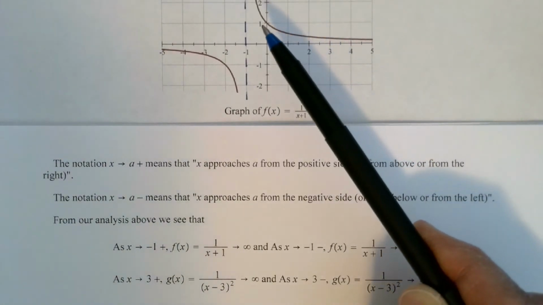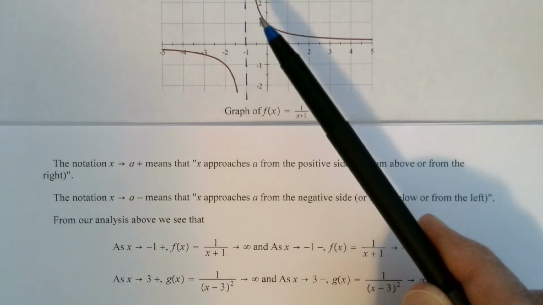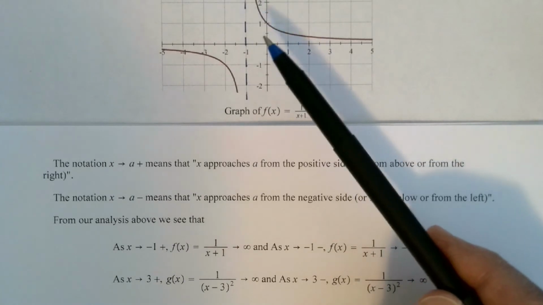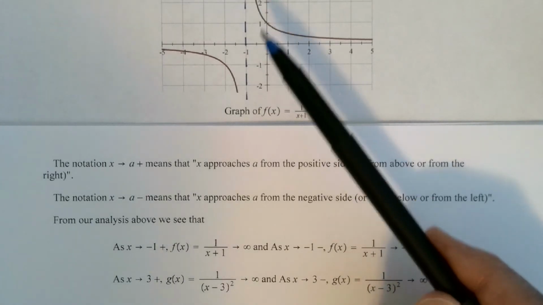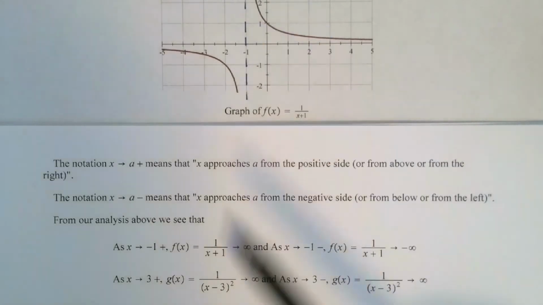The values were getting bigger and bigger, increasing without bound. We say it's approaching infinity. Infinity is just a concept to indicate that it's unbounded. The output of this function gets as large as we possibly want by simply taking x closer and closer to -1. It's a really strange thing, but this is what we say.